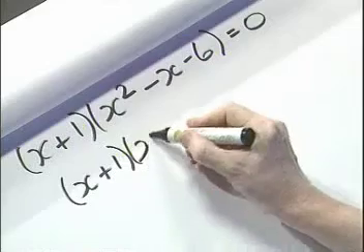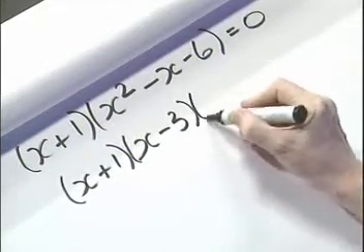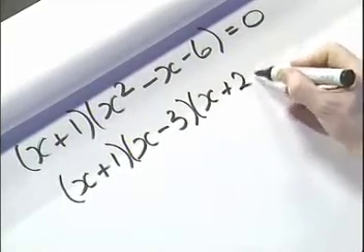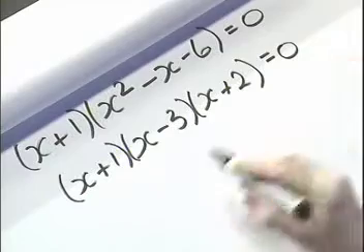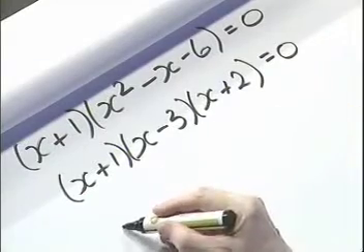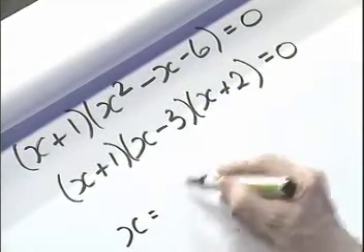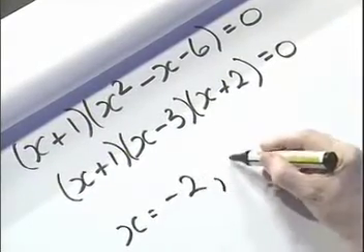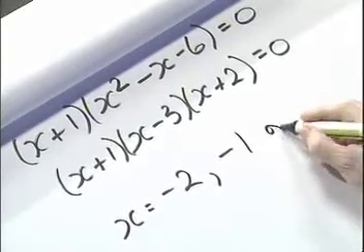X squared minus x minus 6 factorizes to x minus 3, x plus 2. So we have x plus 1 times x minus 3 times x plus 2 equals 0. And the three solutions to the cubic equation are x equals minus 2, minus 1, or 3.